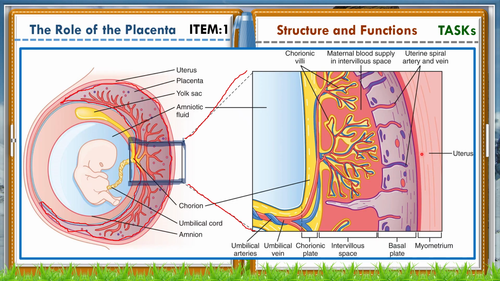You should try to understand that the structure of the placenta has the chorionic plate where the blood vessels of the fetus pass, and there is the intervillous space where we have the circulation of the maternal blood, but they are not connecting because the chorion forms villi which enter into the intervillous space, so that the blood vessels of the fetus enter into the space where they can exchange nutrients with the mother's blood without coming into contact with the mother's blood.